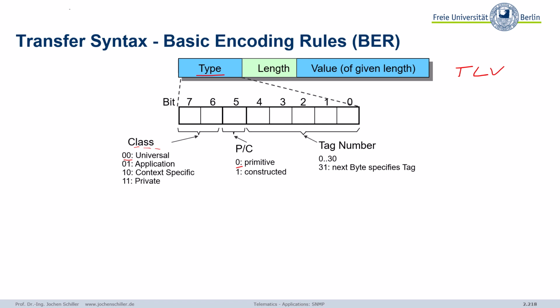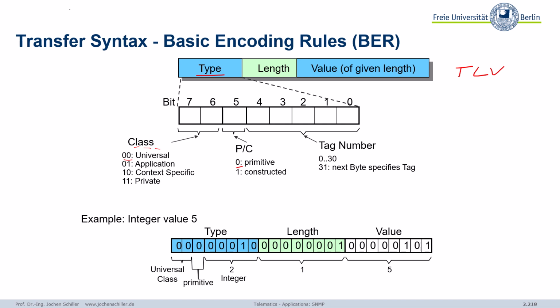Okay, how does it look like? It's not that complicated, so you simply say, I want to store a 5. And then you have to say the type, and this is then in the end 2, and 2 stands for integer values. It's primitive, it's not a constructed type. Then you have to say, okay, how long is the value?